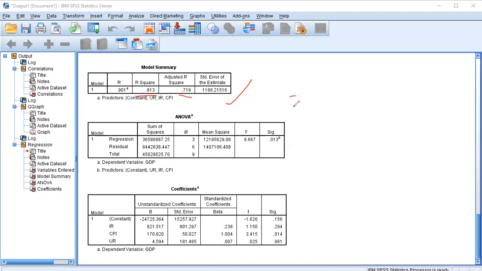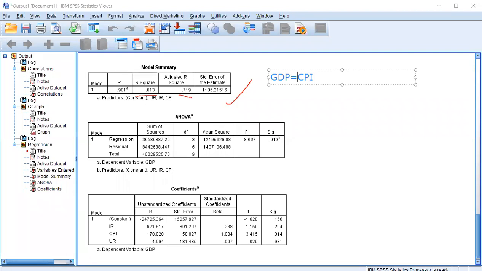So here we have GDP equal to... our constant is not significant, but so far the only significant variable we are observing is CPI.